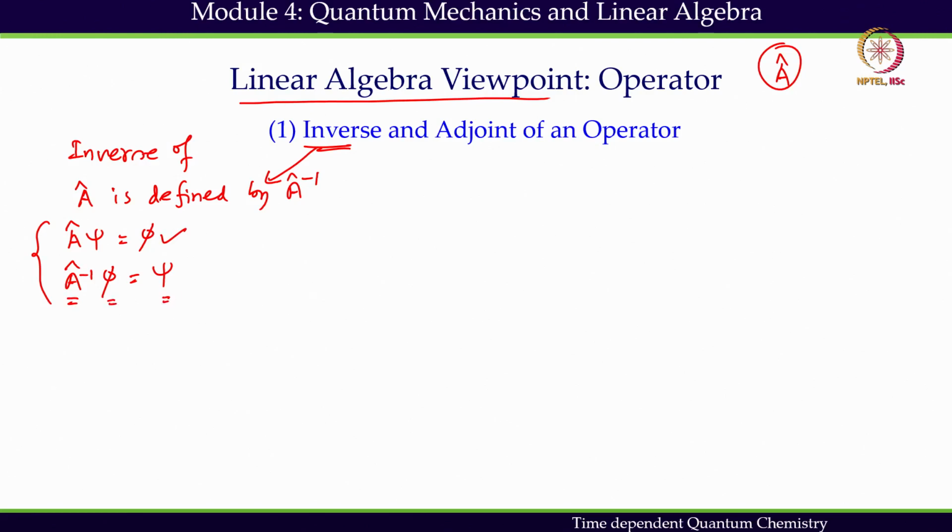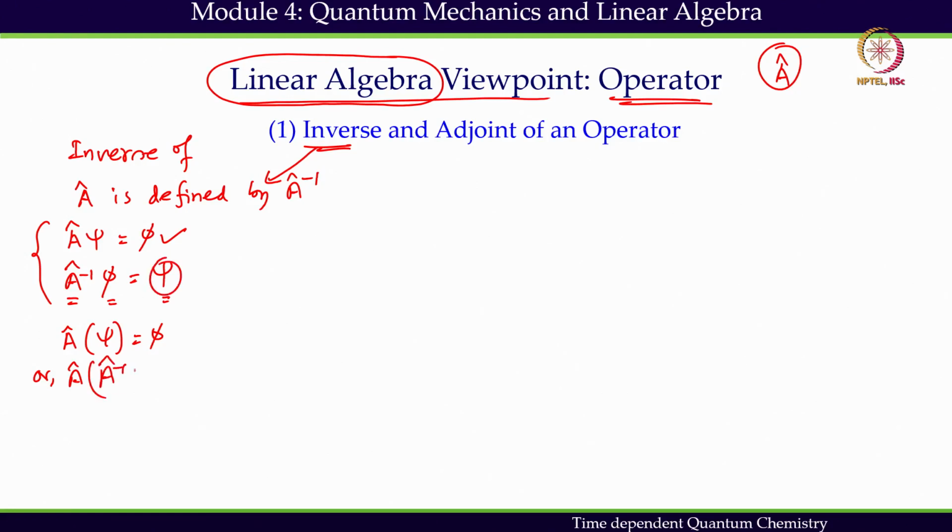So, this is one property of the operator which we will be using in quantum mechanics, and this is directly coming from the property of linear vector space, linear algebra or Hilbert space. Or in other words, I can write A acting on psi is phi, and psi can be written as A inverse acting on phi, and this is only possible when A inverse A equals 1.